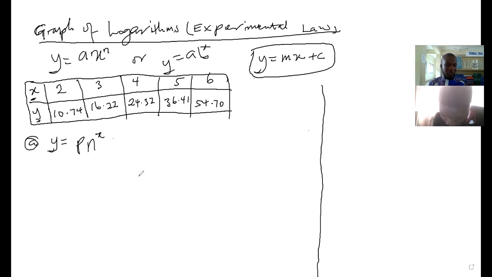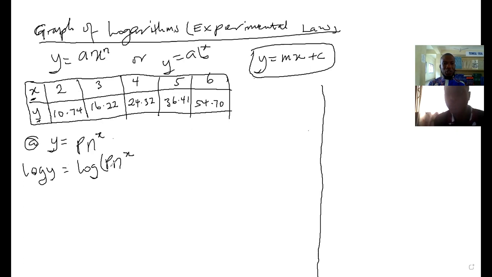But for the sake of records, we have to solve the exponential equation down. So taking log of both sides, log y is equal to log p n exponent x.